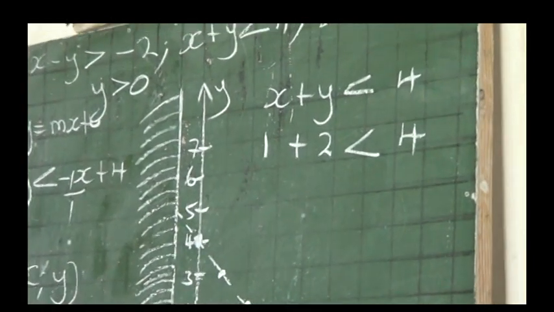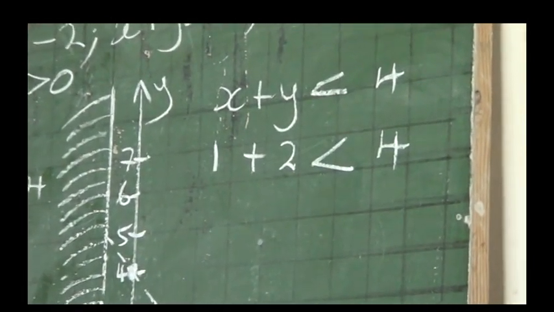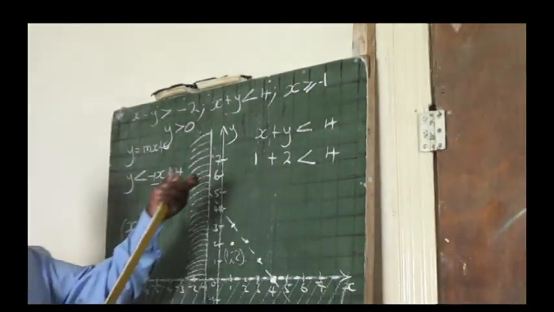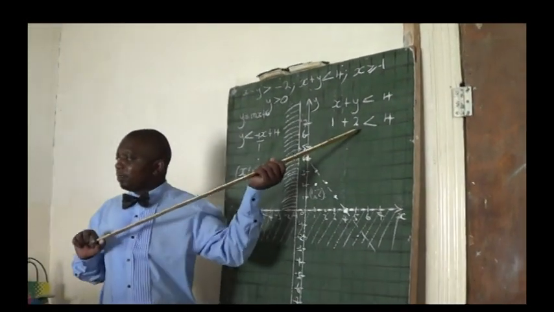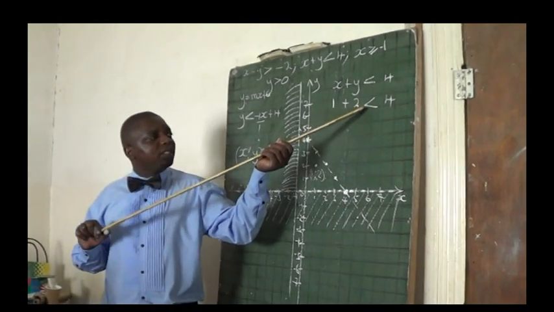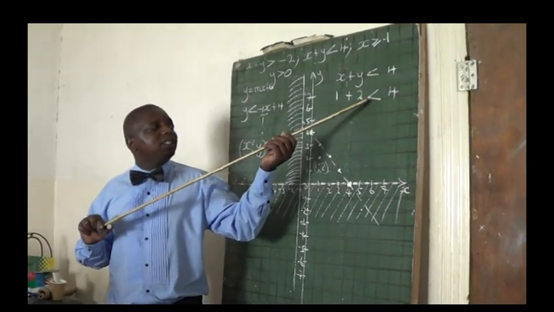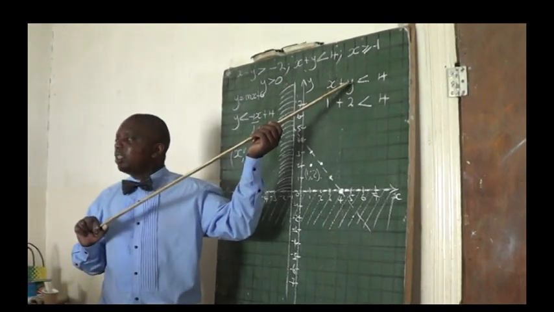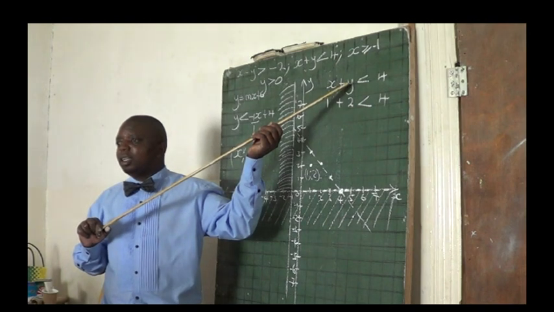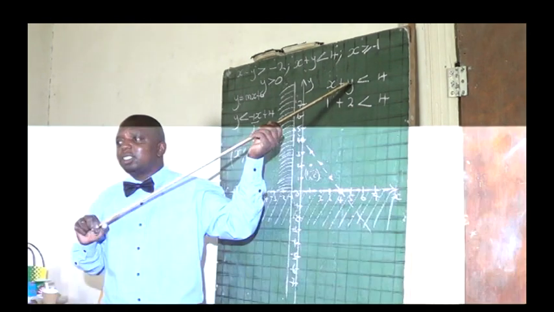So our sign faces in the direction of 4. All together. Right. Which shows our sign is the same direction as the original inequality. All together. It's the same direction as the original what?